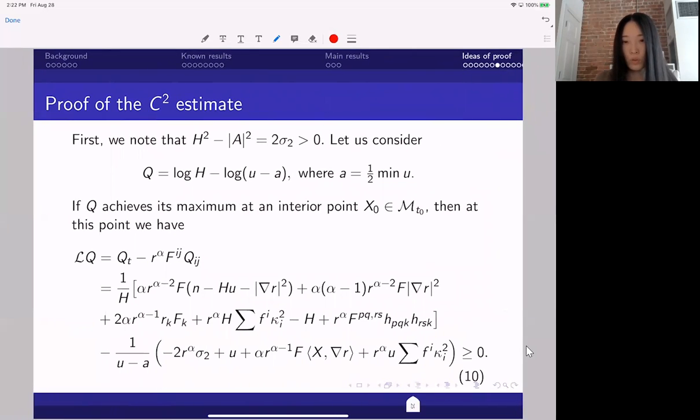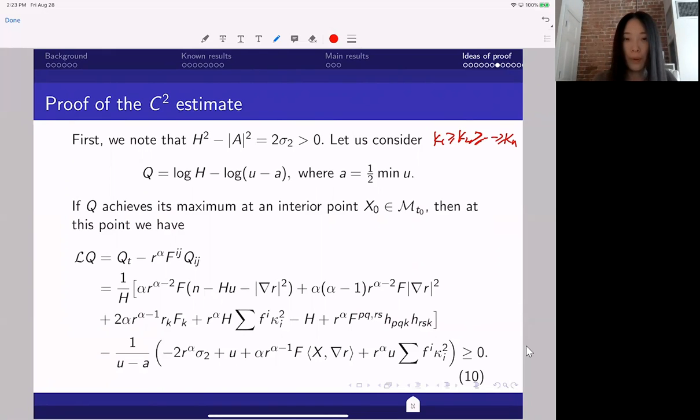In this proof, we always assume that kappa 1 is greater than or equal to kappa 2, and so on, up to kappa n. So first, we note that h squared, where h is the mean curvature, minus A squared equals 2 times sigma 2, which is greater than 0.